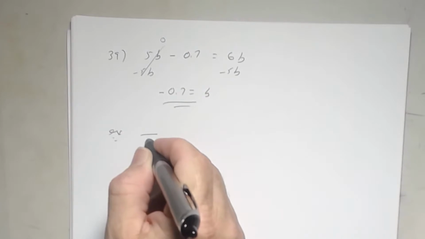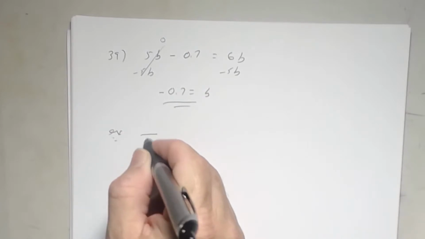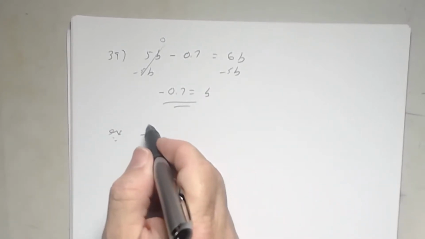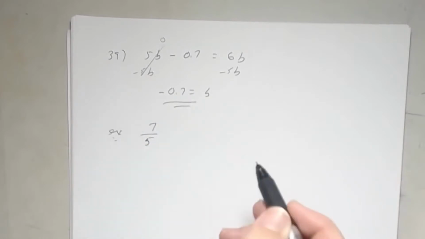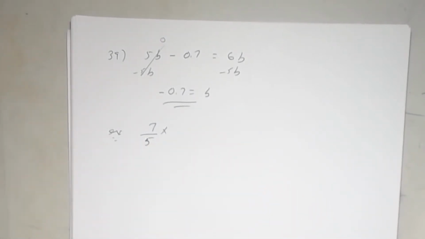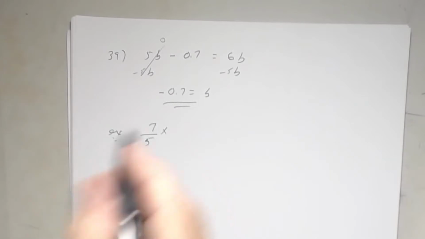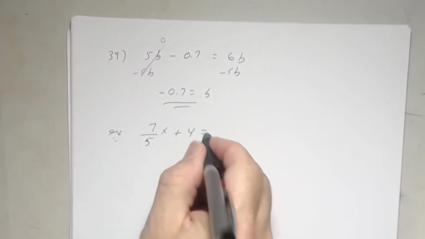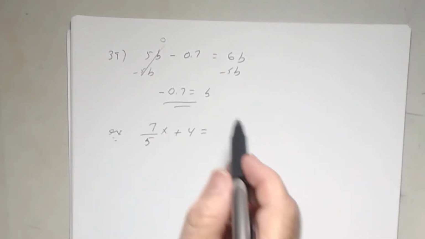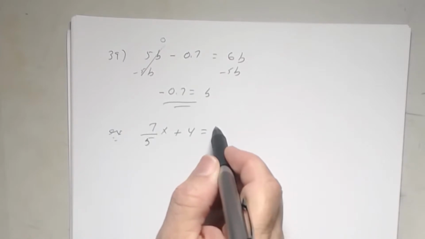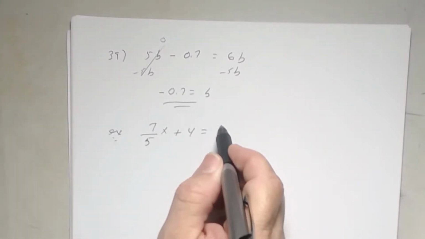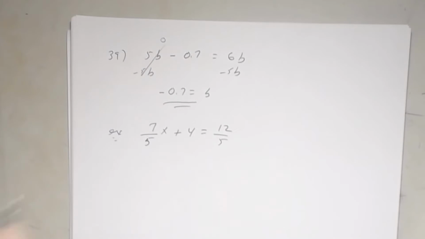Let's make this denominator a 5. And let's say this up here is a 7. So I have 7 fifths x. So 7 fifths x plus 4 equal, and let's make this 12 fifths x.